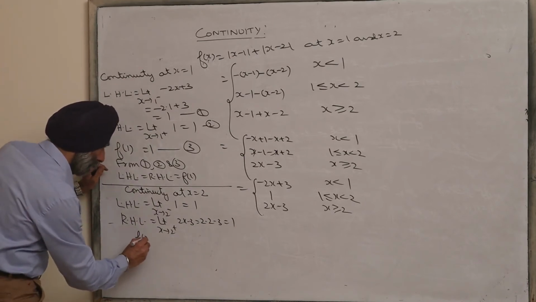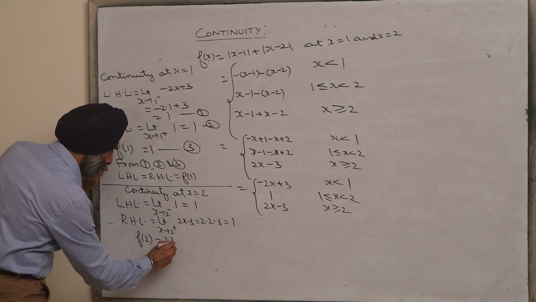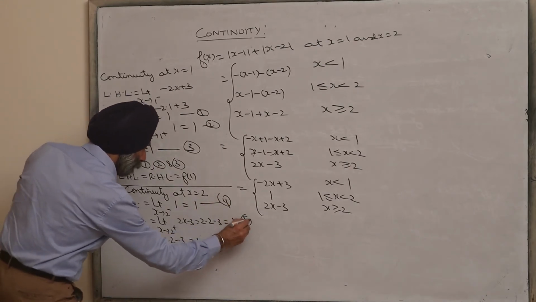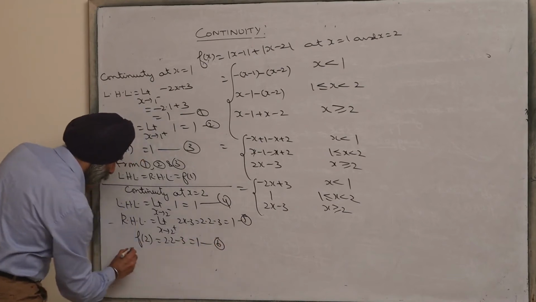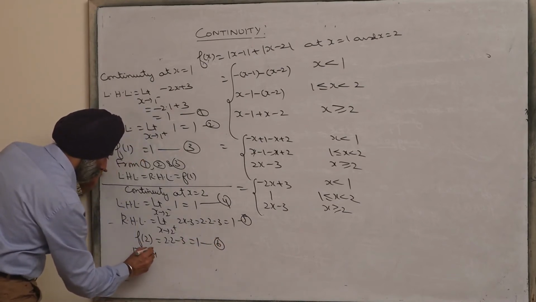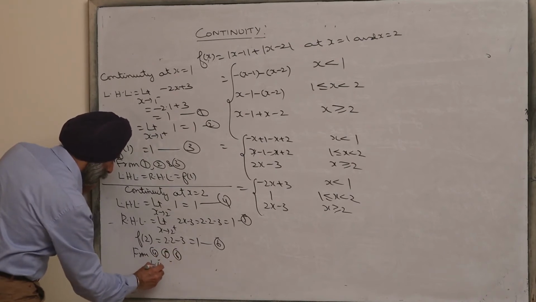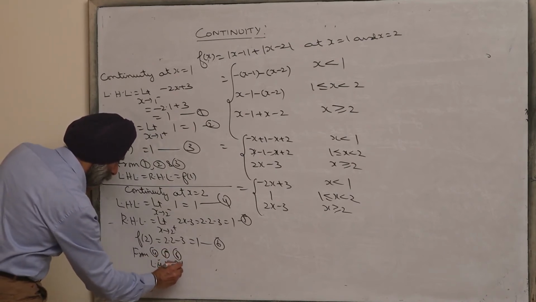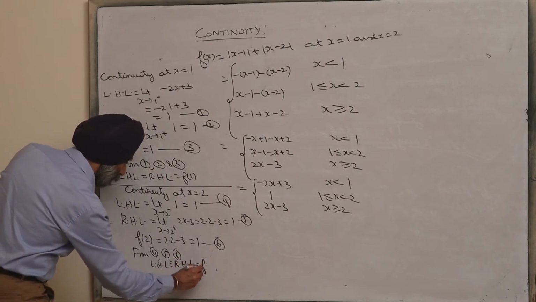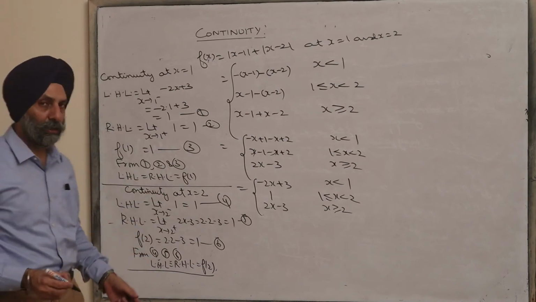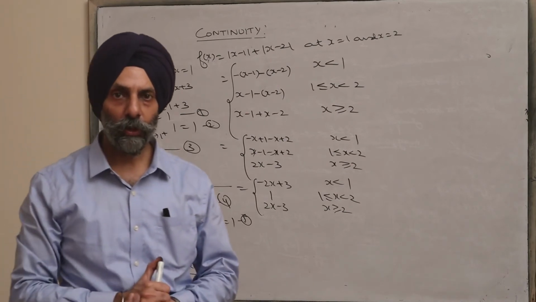Now the functional value at 2 is 2 into 2 minus 3, that is also equal to 1. So from 4, 5 and 6, left hand limit is equal to the right hand limit is equal to the value of the function at the point, which shows that this function is continuous at x equal to 2.